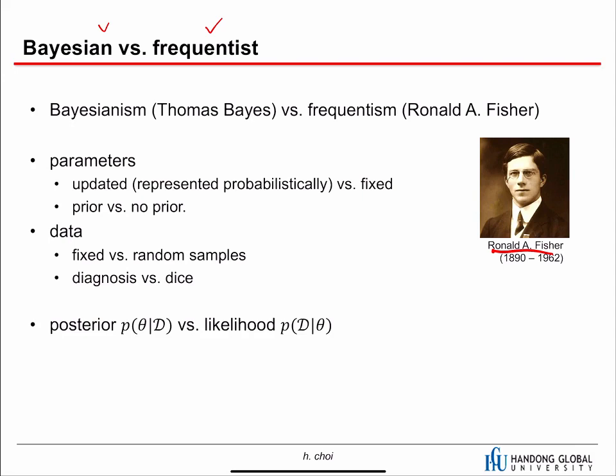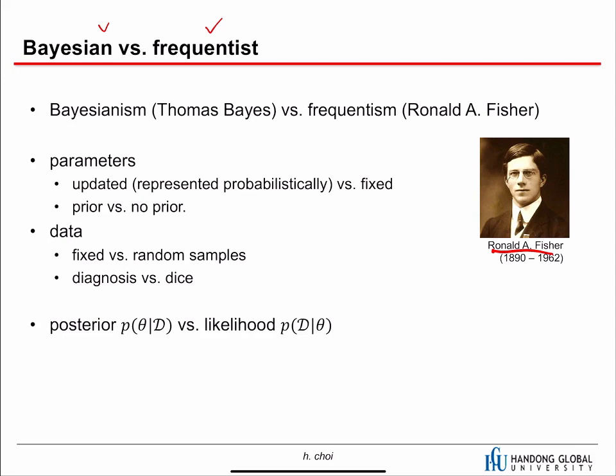But frequentists believe that this parameter, the probability of head, is fixed, and we are just observing some specific examples, which could be head or tail. Still, they believe this parameter is fixed. But Bayesian people believe that this parameter is changing, it is not a fixed number, it is probabilistically represented.